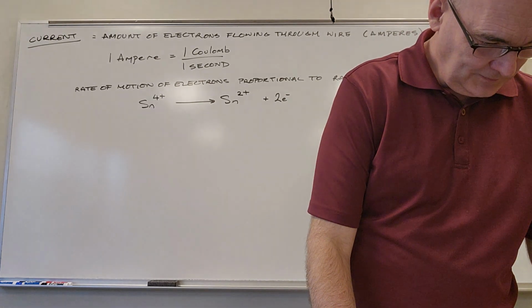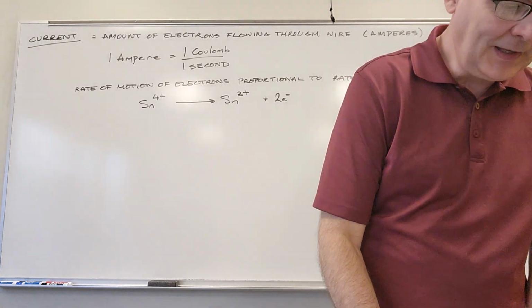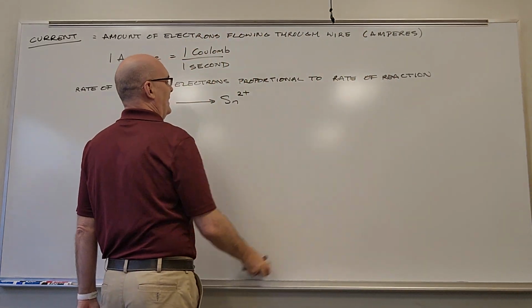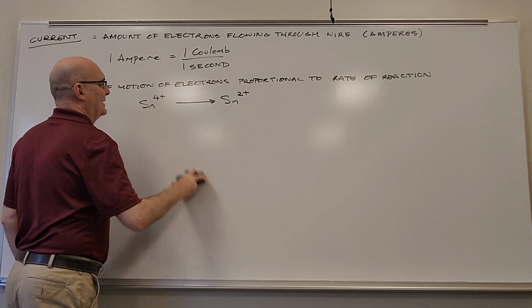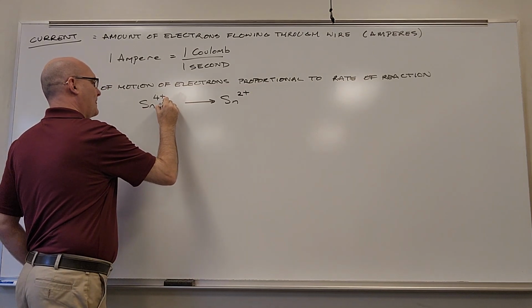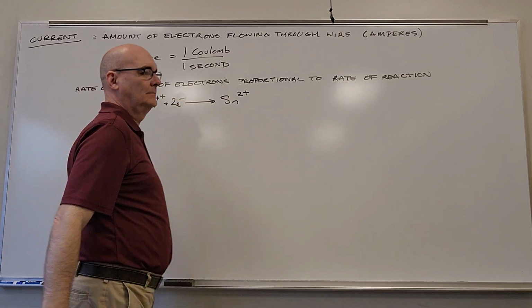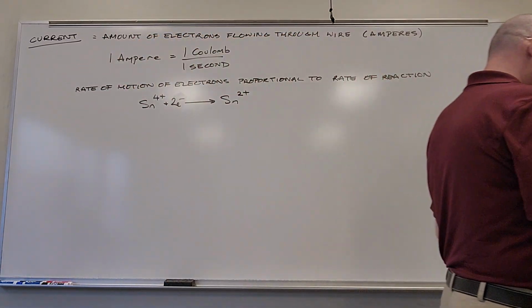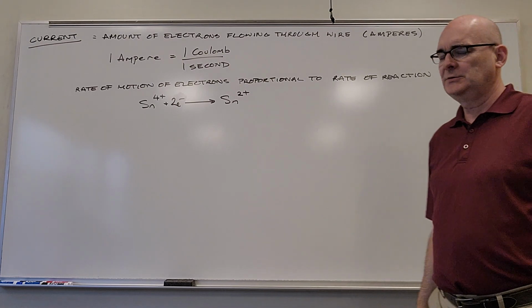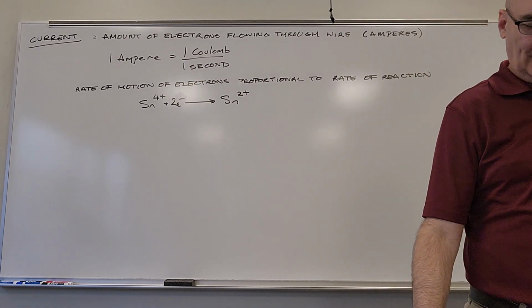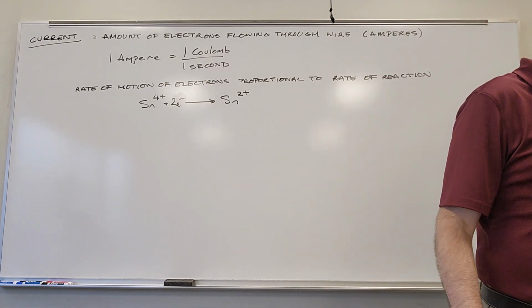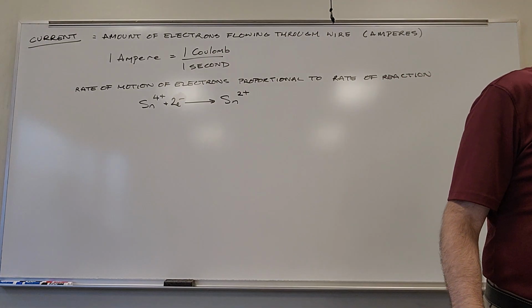Can't have that and that be the same. Here's your tin 4. It's going to pick up 2 electrons and become tin 2. Is that an oxidation or a reduction? Reduction. Your oxidation number is decreasing, and of course it's the gain of electrons.